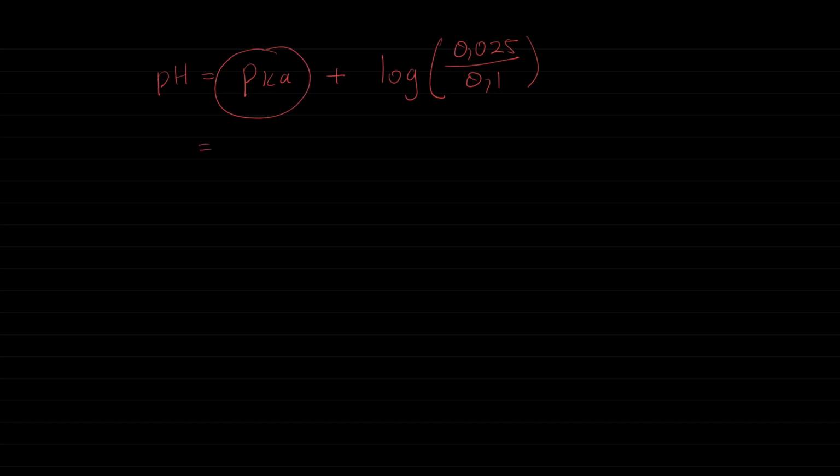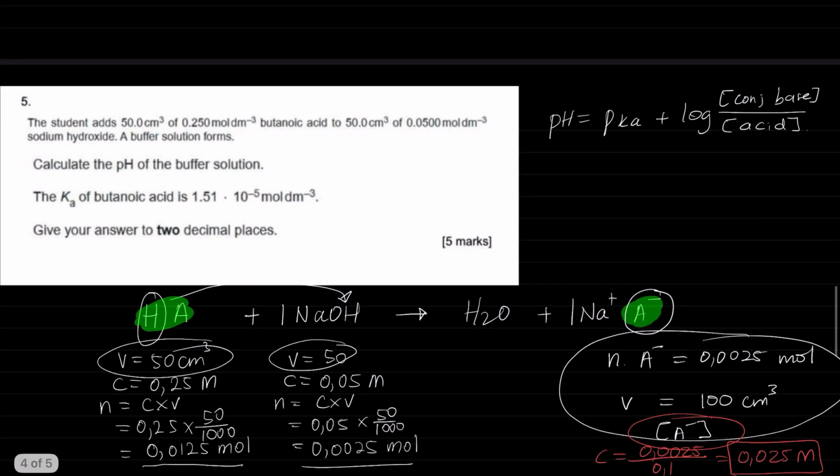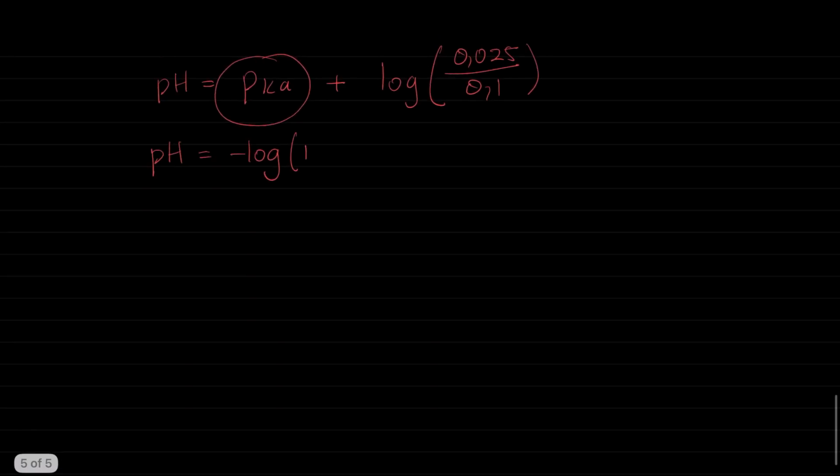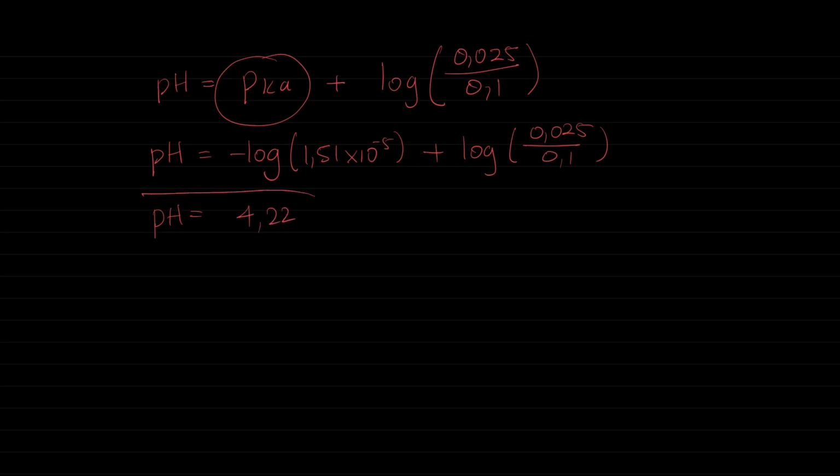So pKa is going to be minus log of the Ka value that we were given, 1.51 times 10 to the minus 5. So minus log of 1.51 times 10 to the minus 5, plus log 0.025 divided by 0.1, and pH is then equal to 4.22.